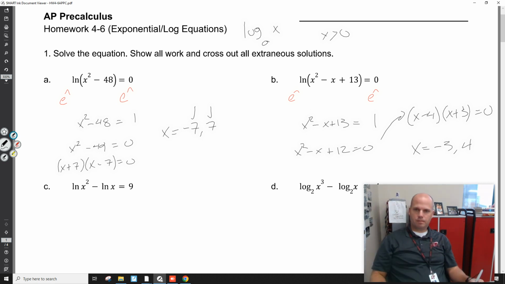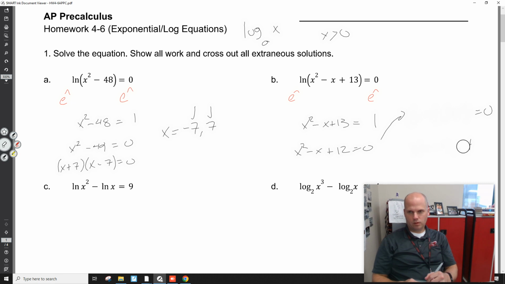Did I make a mistake? Positive 12. Can't be -4 and 3. I don't think this can be factored. Shoot.